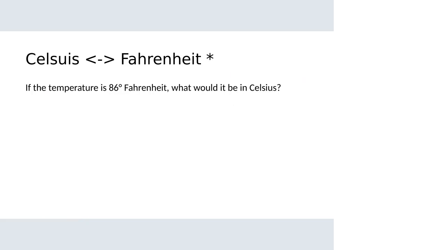Okay, here goes. If the temperature is 86 degrees Fahrenheit, what would it be in Celsius? And just a reminder, that formula is that Fahrenheit is 9/5 times Celsius plus 32. This will require a little bit of algebra on your part, but I'm pretty confident. I'm going to go ahead and set up a poll for you.